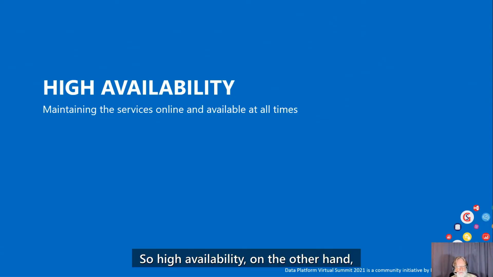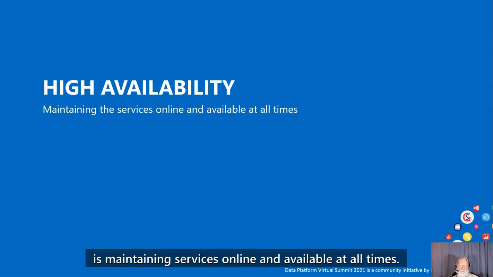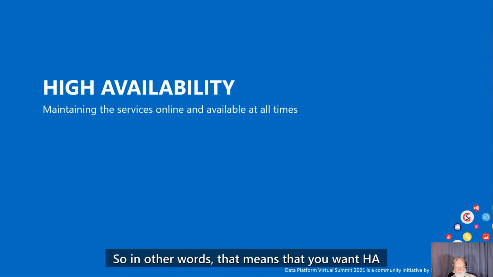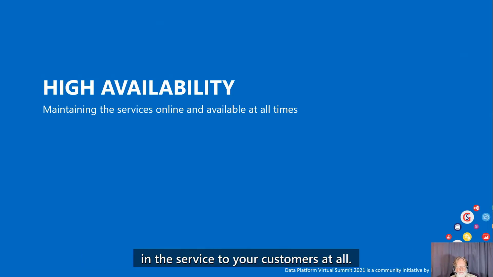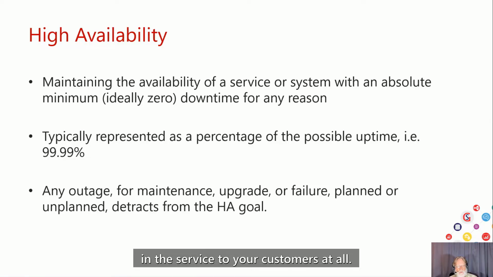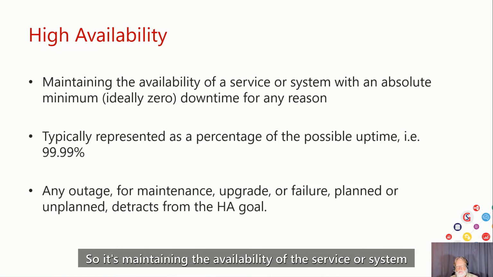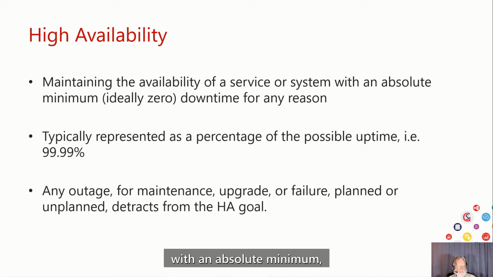So high availability, on the other hand, is maintaining services online and available at all times. So in other words, that means that HA is all about making sure that there's no interruption in the service to your customers at all. So it's maintaining the availability of the service or system with an absolute minimum, ideally zero downtime for any reason.